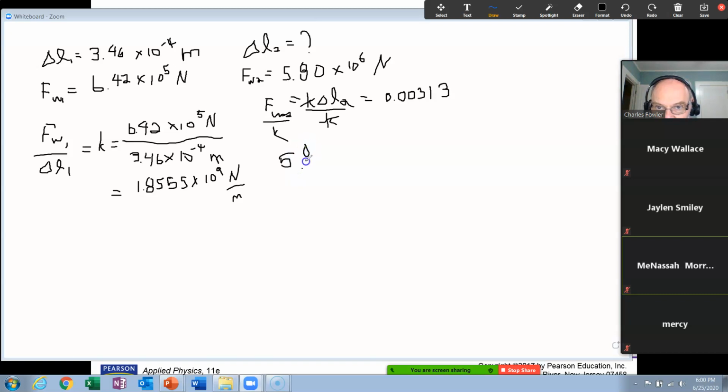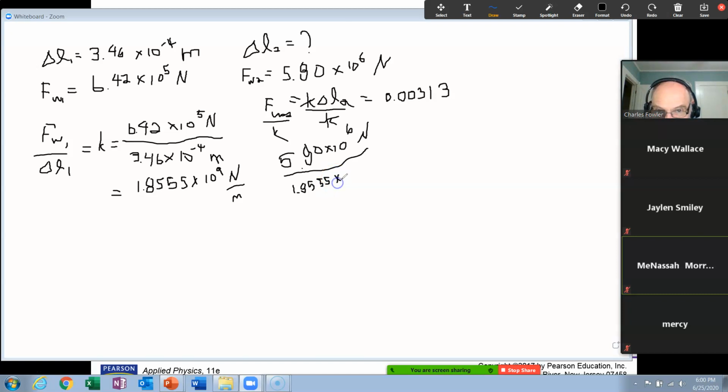This is 5.80, and you can punch in the calculator and do it, times 10 to the 6 newtons, divided by, that's really ugly writing, isn't it, 1.8. I'm sure the book rounds that to something like 1.86, but I'm just going to keep it 1.855 because I enjoy writing 5. No, I'm just kidding.